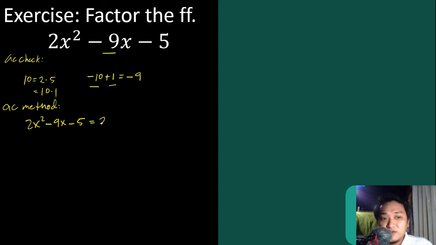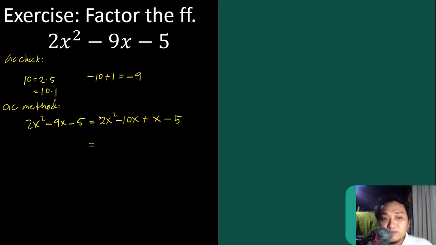So that would be 2x squared minus 10x plus 1x or x, minus 5. Then, always double check the expanded form if it results to the middle term. So, negative 10x plus x is actually equivalent to negative 9x. So, tama tayo. Now, we will proceed to grouping.